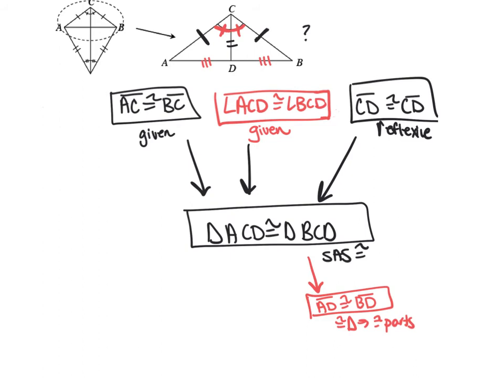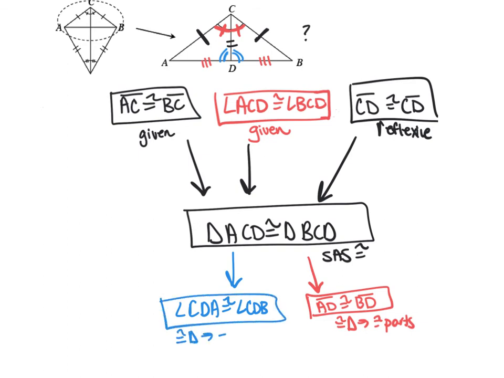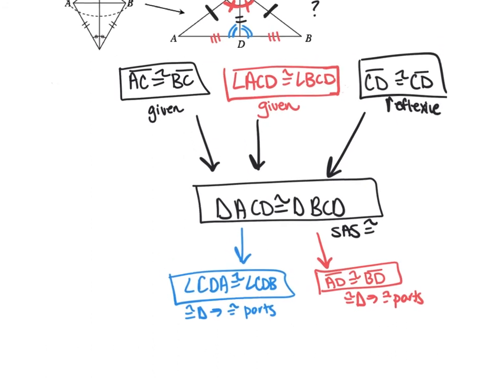The second piece of information that I know is that angle CDA is congruent to angle CDB. And I also know that that is true because congruent triangles yield congruent parts.